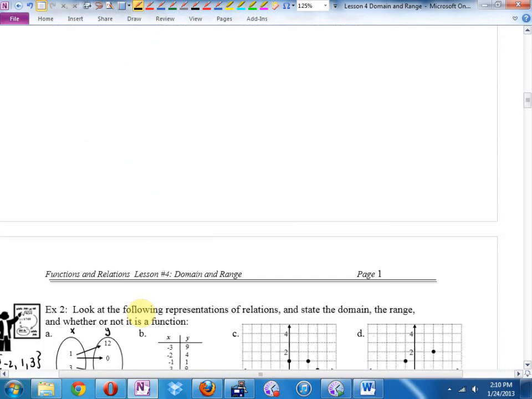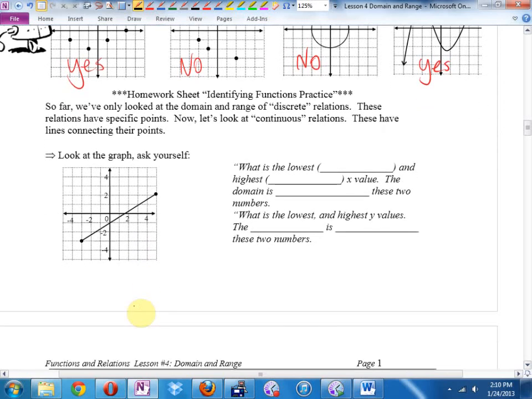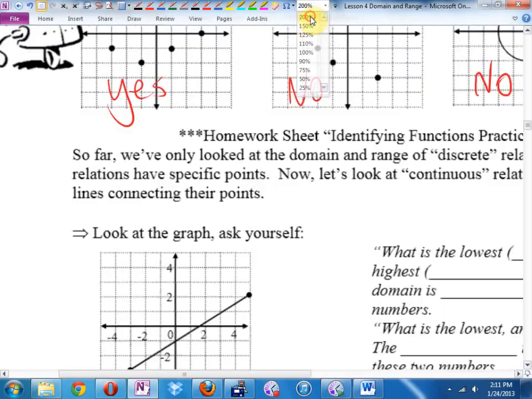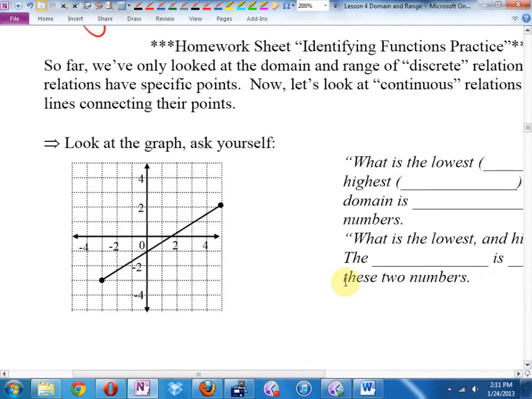Can you go to the bottom of the back of the next page? Sorry, the bottom of the front of the next page. This one right here where it says, look at the graph, ask yourself. This graph here, continuous or discrete? Separate points, or are they connected by a line? Discrete. So we're going to find the domain and range of this one. Are there arrows on the end?